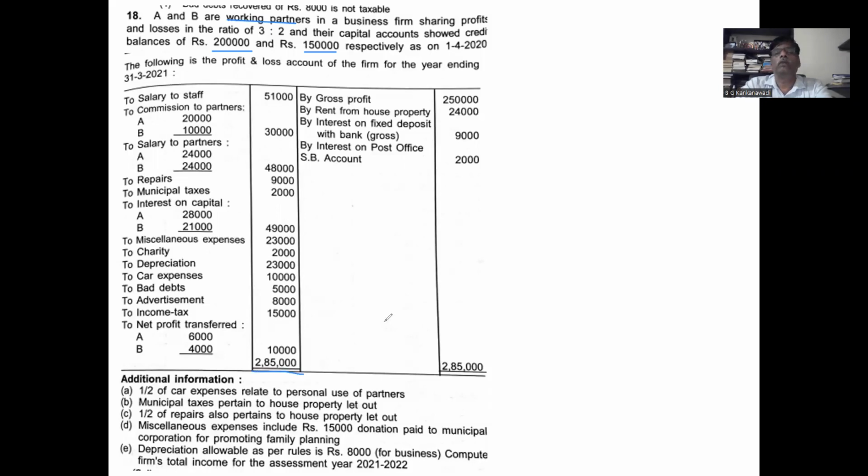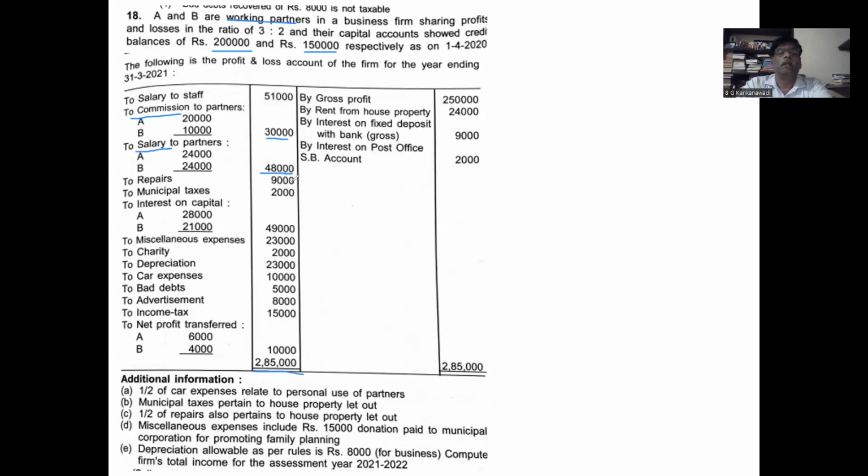First, you take 2,85,000 net profit. Then add disallowed expenses. Disallowed expense first is commission to partner. Commission to partner total is 30,000. Okay. Second disallowed expense is salary to partners. Total it is 48,000.